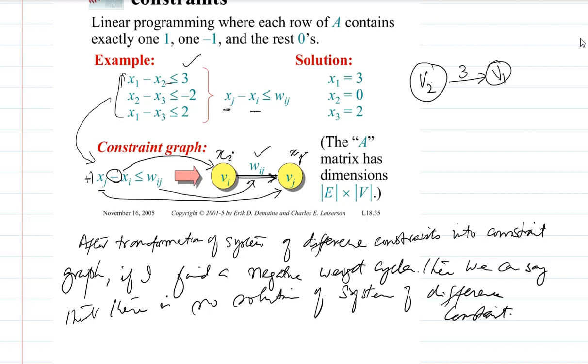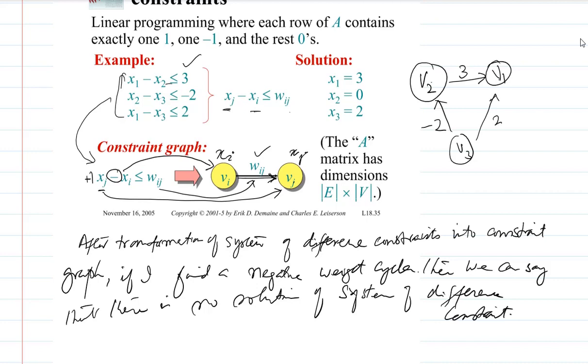And there is another one, v3 with v2. So v3 is connected with v2, and in this case the edge weight is -2. Then there is another one which starts from v3 and goes towards v1, and its edge weight is 2.